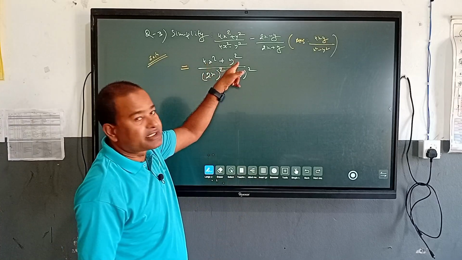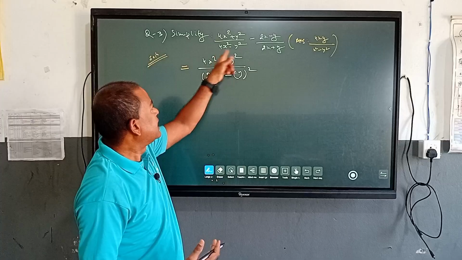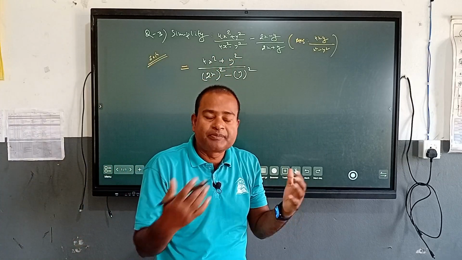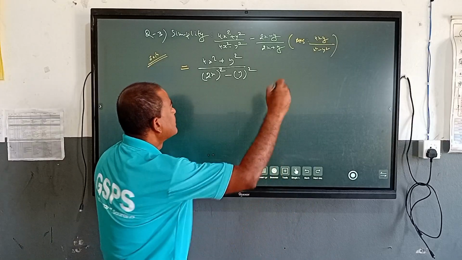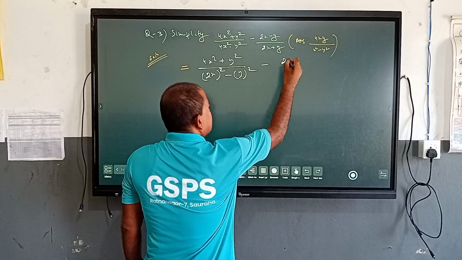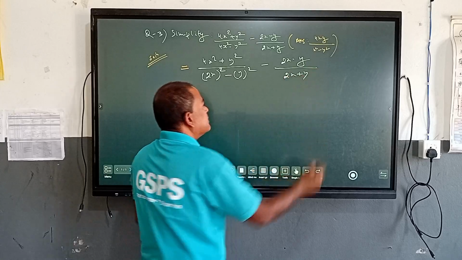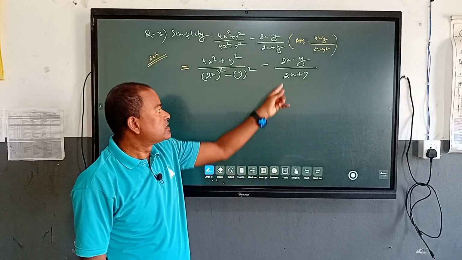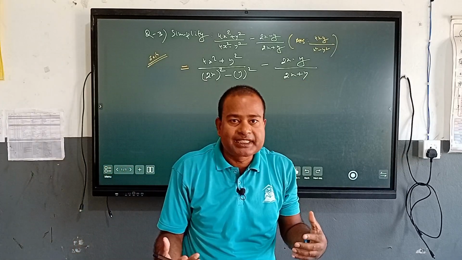So keeping the numerator as it is, the upper term as it is, the denominator we have changed into the a² − b² form. Minus, now the second rational expression keeping as it is, because we cannot factorize the denominator of the second rational expression.